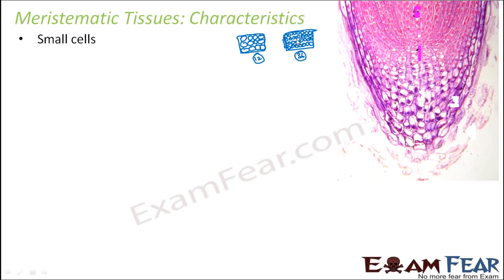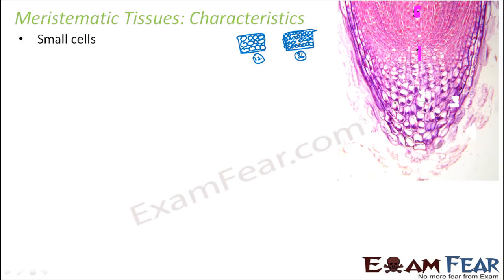So which arrangement is better? Because when we talk about meristematic tissue, our main aim is to produce more and more cells. So in which case more new cells will be produced? In the second case, right? Because the cells are small, but number wise they are many. So that is how the meristematic tissues are.